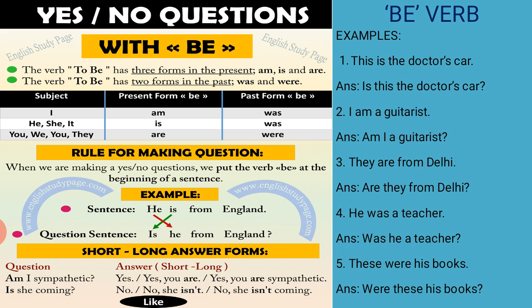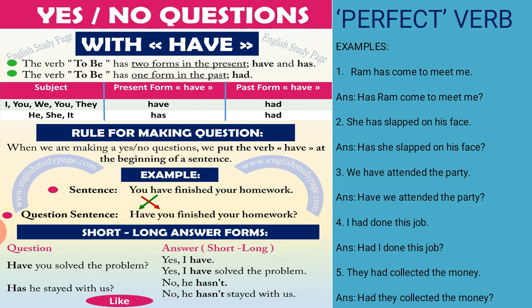So, I am a guitarist. Am I a guitarist? They are from Delhi. Are they from Delhi? He was a teacher. Was he a teacher? These were his books. Were these his books? Likewise we can ask. Use these examples, everything will be useful for you.